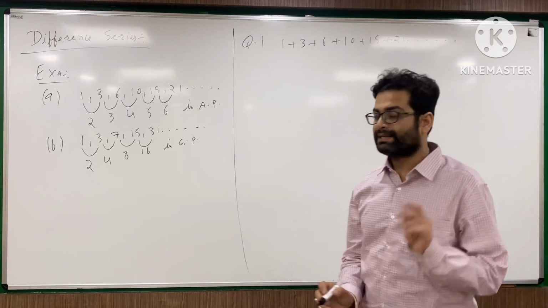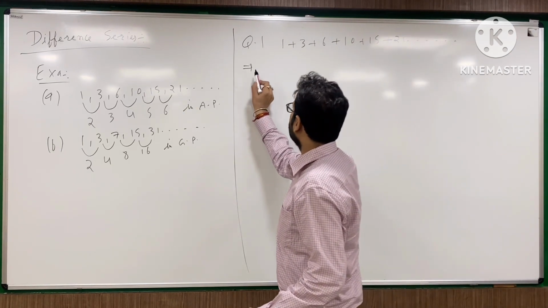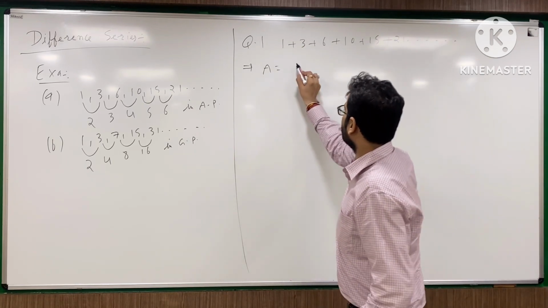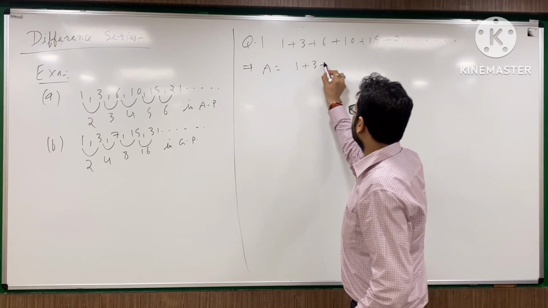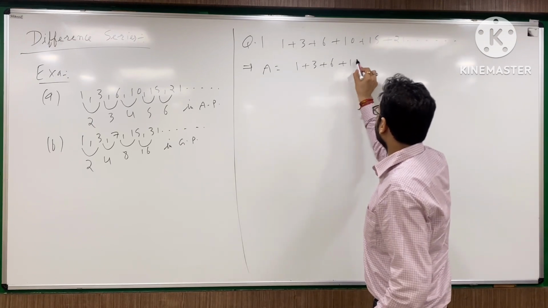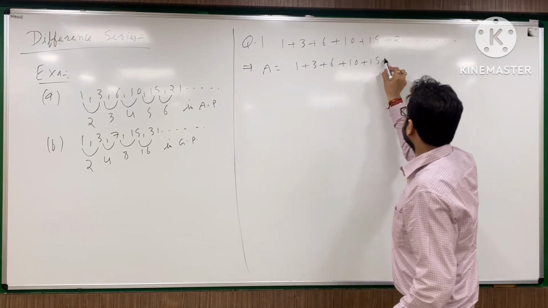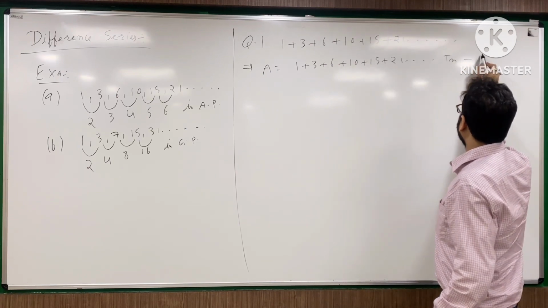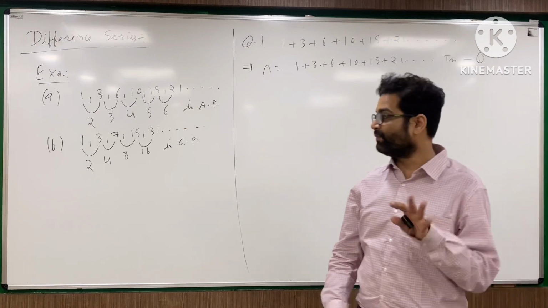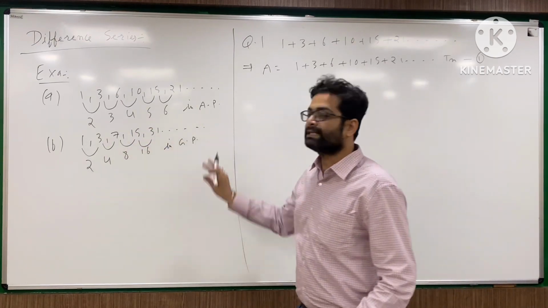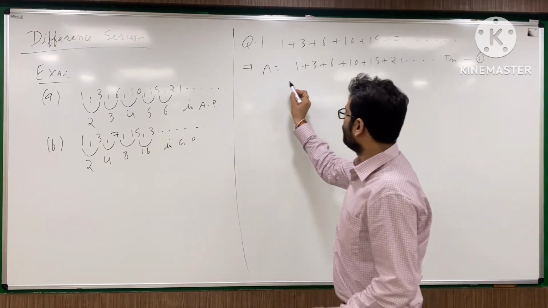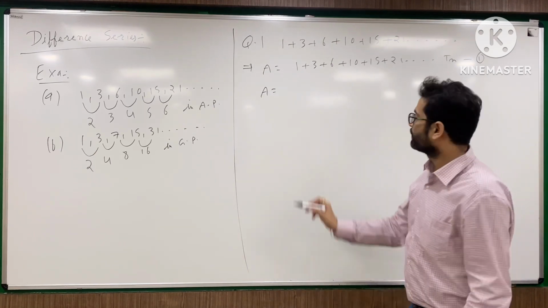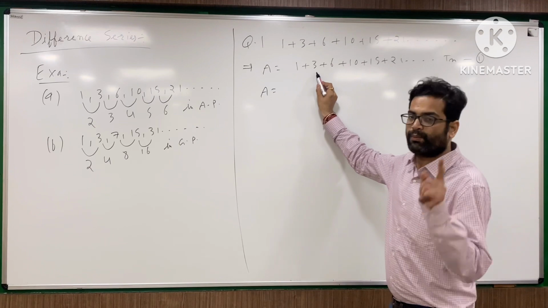Firstly, we assume the sum of all the terms is capital A and write A equal to 1 plus 3 plus 6 plus 10 plus 15 plus 21 and so on up to Tn term. And we know the differences of the series are in AP. So we rewrite the equation and shift the terms by one term.